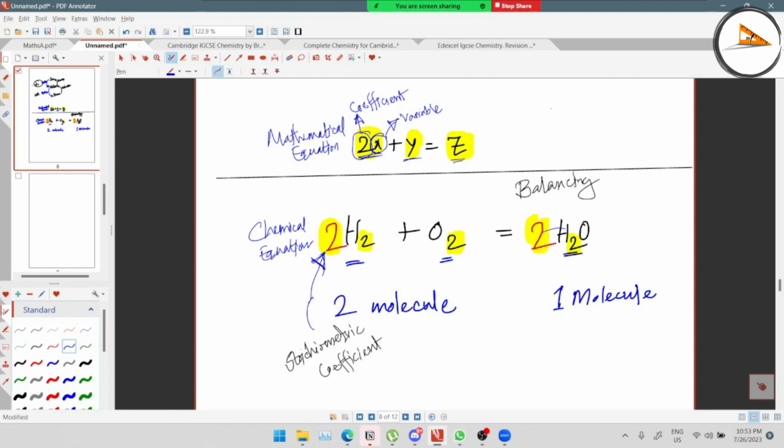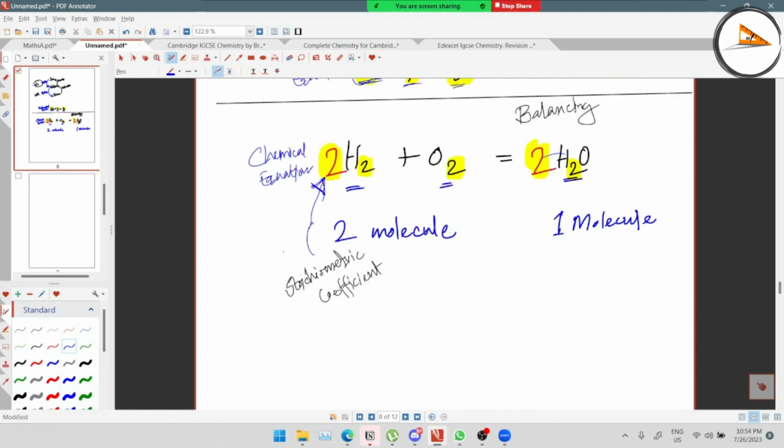For example, if you get x taka bonus and some of your friends get y taka bonus, and you know the whole amount total sum is 100, we write it this way: x plus y is equal to 100. And it is the same thing in a chemical equation, it is from a real life incident. So what happened here, oxygen and hydrogen have a reaction that produces water, and that incident is called a reaction.